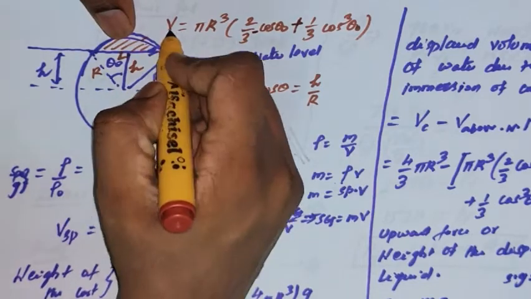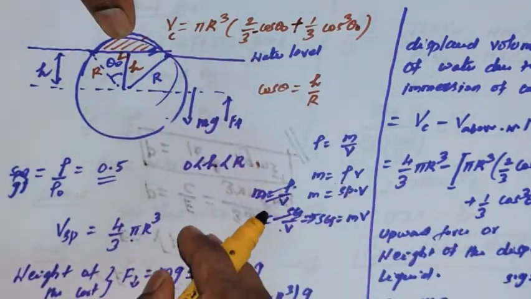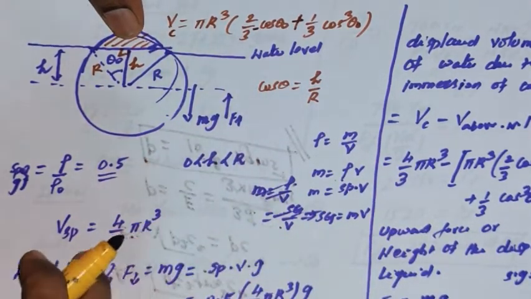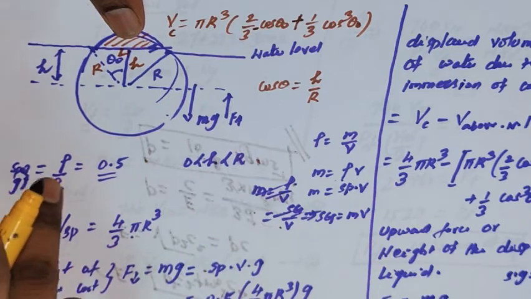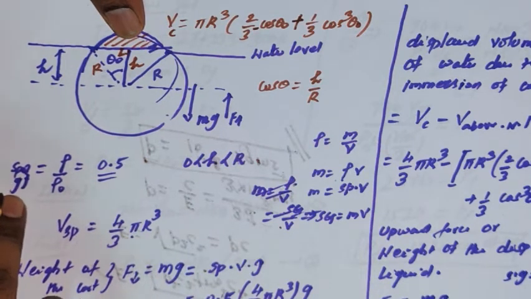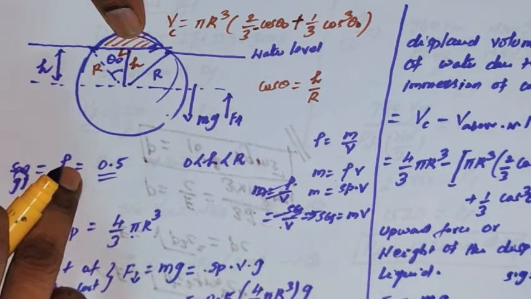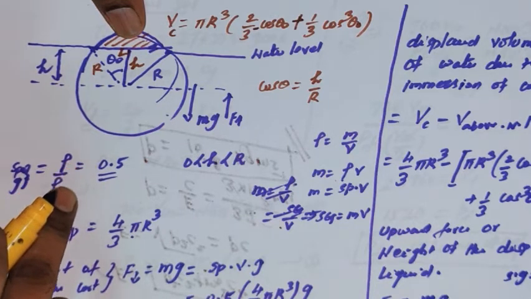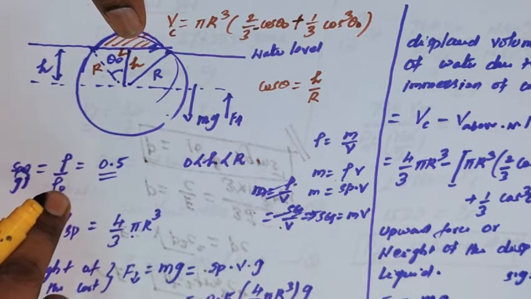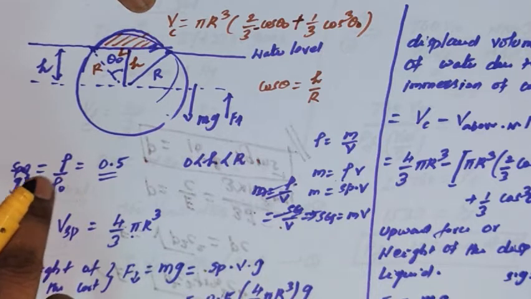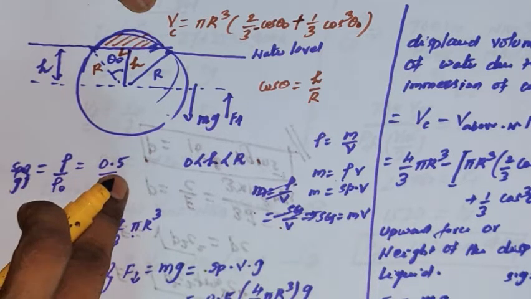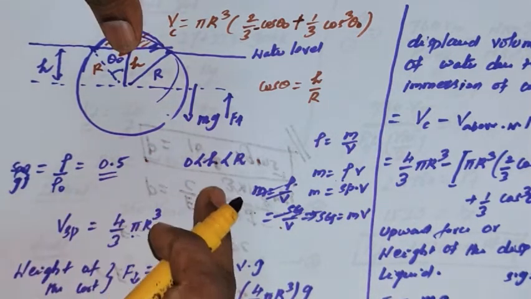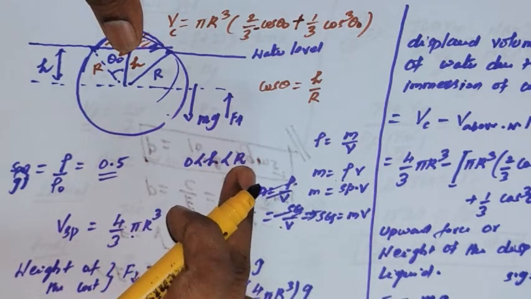This is the cork volume, we can call Vc. In the problem, the specific gravity of the cork is given. The specific gravity in general represents the density of the cork with respect to some reference density. So this specific gravity is equal to 0.5. The h is given, it's 0 to R.